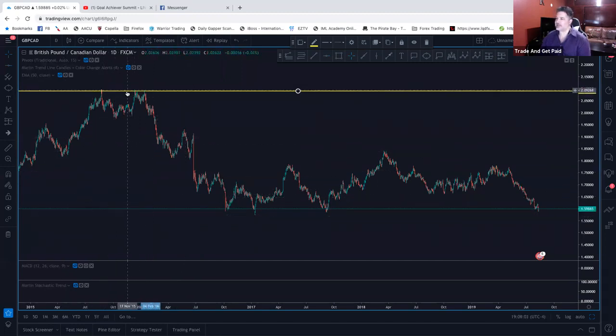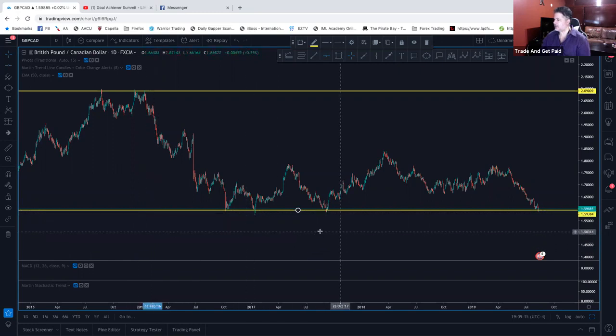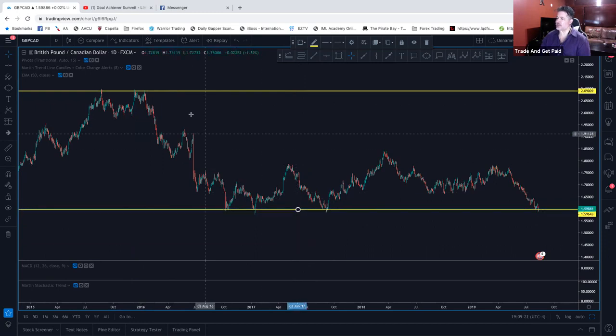He usually finds the top, finds the bottom. This one right here. Boom. Okay, so right now we have the high and we have the low. This is the daily, so obviously this is a huge range, which you're not going to use to trade unless you're a swing trader. I'm just showing this so you can see how to connect.